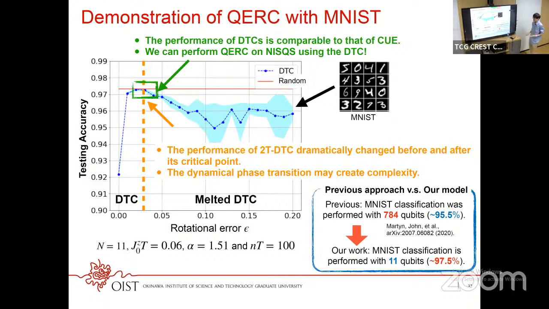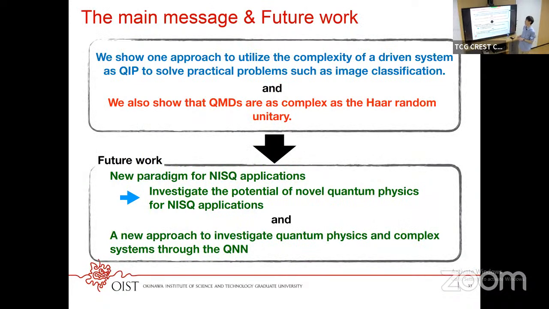Now, in our work, we achieved 97.5% accuracy in the testing with 11 qubits, much smaller than their number of qubits. If you compare the number of qubits, it's obvious. Our number of qubits is much less than theirs.